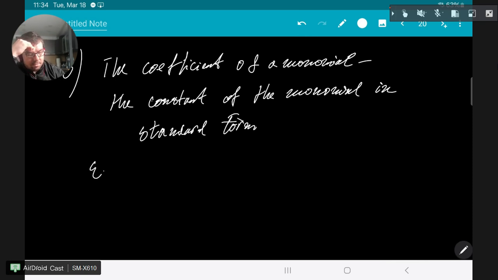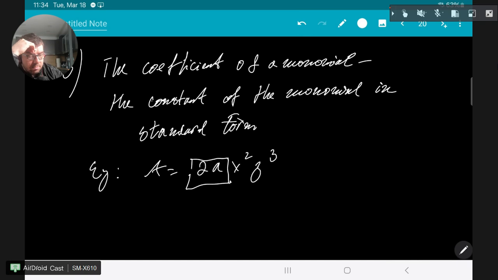Let's give some examples. So if I have 2ax squared y to the power of 3, now because a I count as a parameter, it's going to be part of the constant. So this thing here is my constant. So the coefficient is equal to 2a, right?